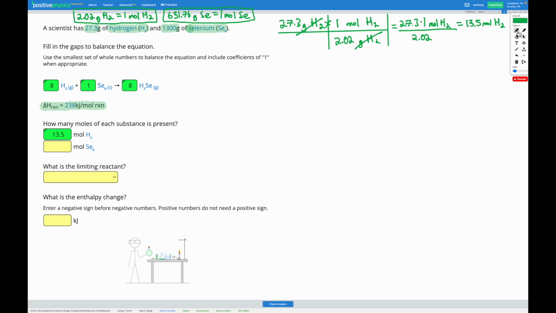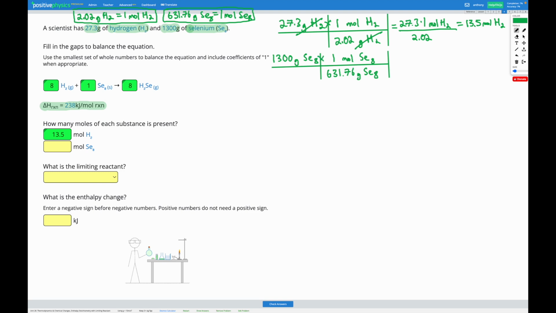Awesome. Next step, let's find how many moles of selenium we have. So we'll put our given here first: 1,300 grams of Se8. Set up our dimensional analysis table. In 1 mole of Se8, there are 631.76 grams of Se8.